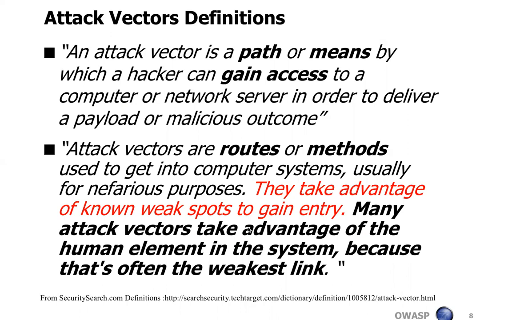In simplified form, an attack vector is just a way, let me say a route, or a path, a road, a means, whatever way the hacker can pass and get access to your computer or someone's computer or someone's network server and deliver a payload.